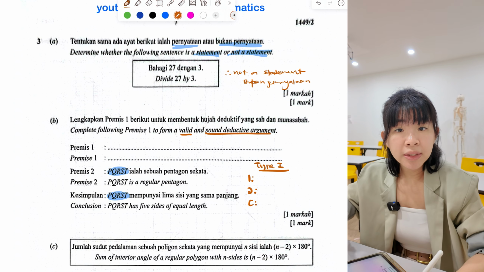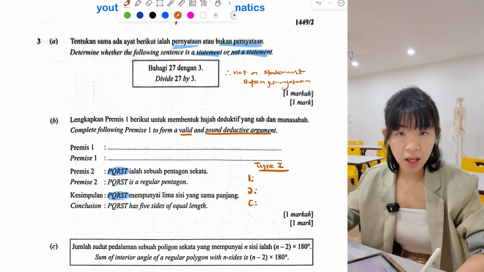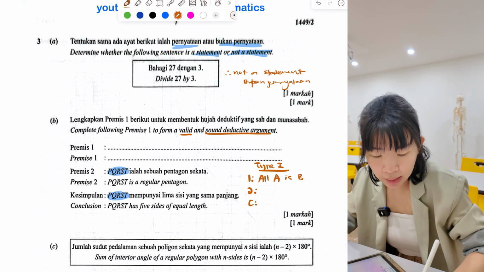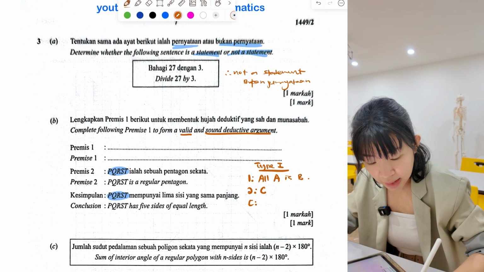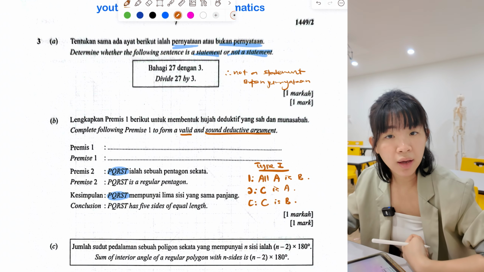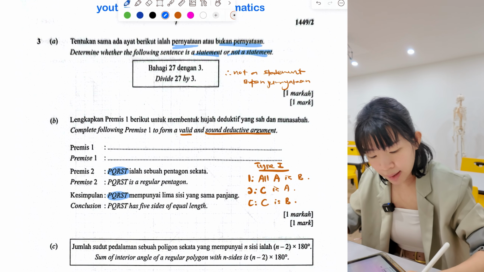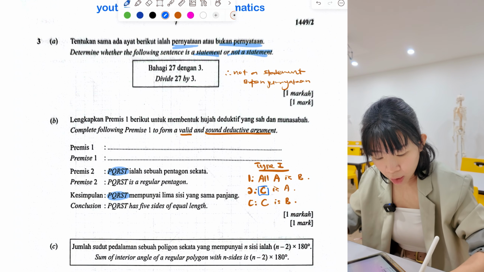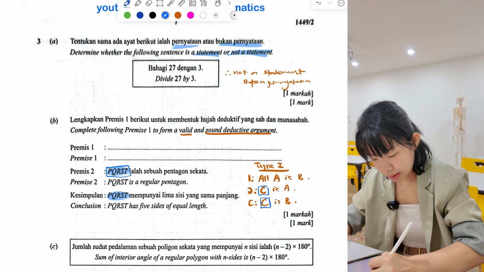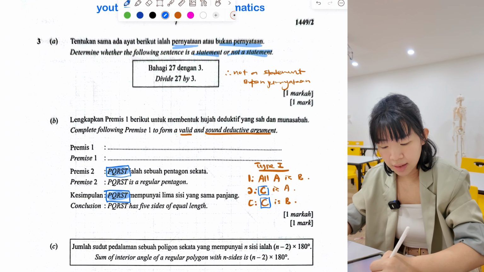The first premise always starts with all, semua. All A is B. C is A. C is B. So when it is type 1, premise 2 and conclusion must be exactly the same thing, which is the same as the question given.